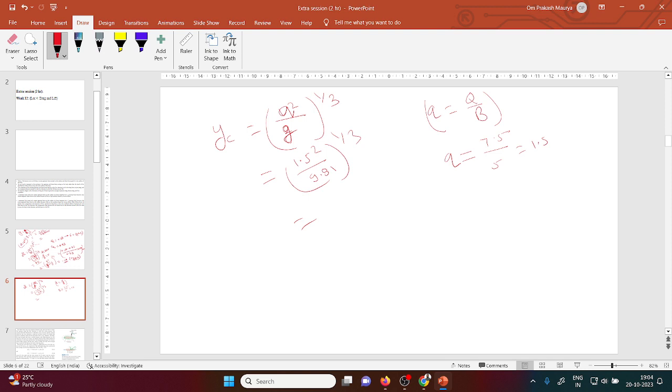Sir, is there a difference between critical depth and specific energy and critical energy? It is asking critical energy, but we know about critical specific energy.